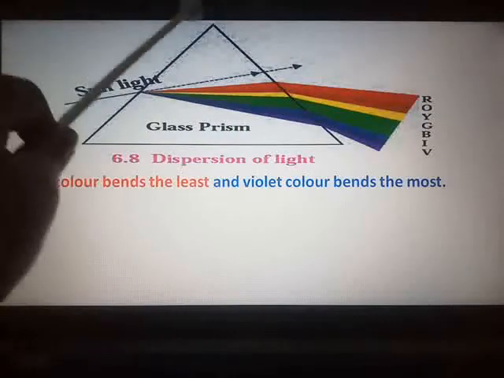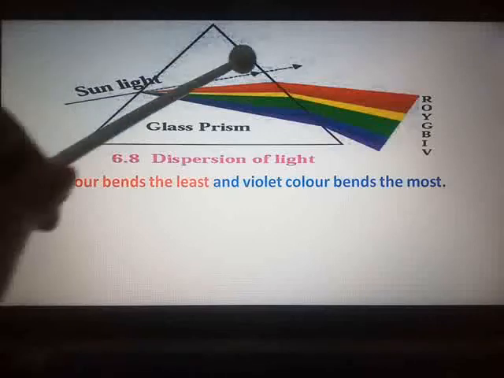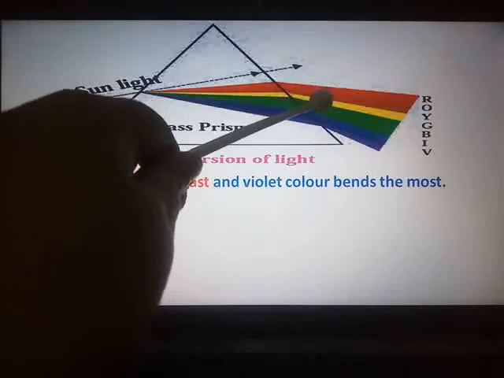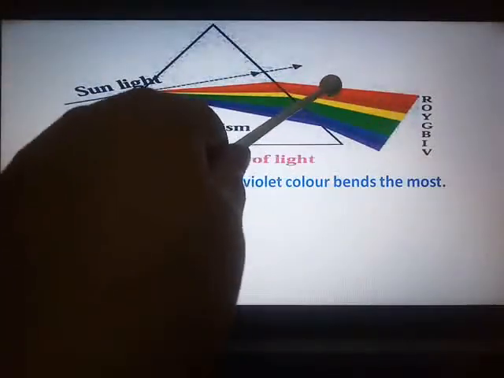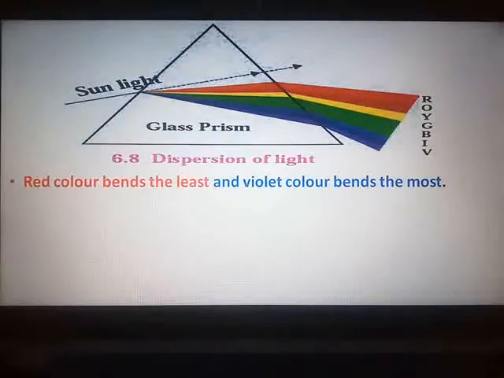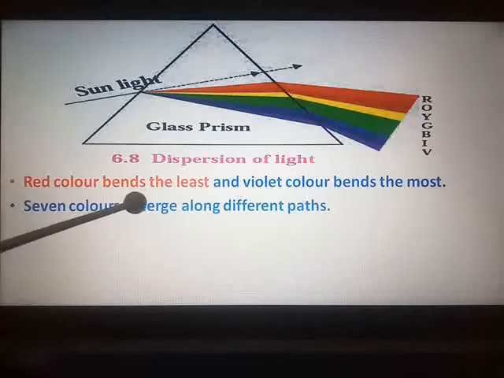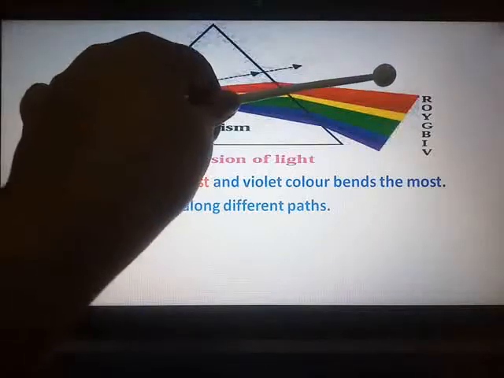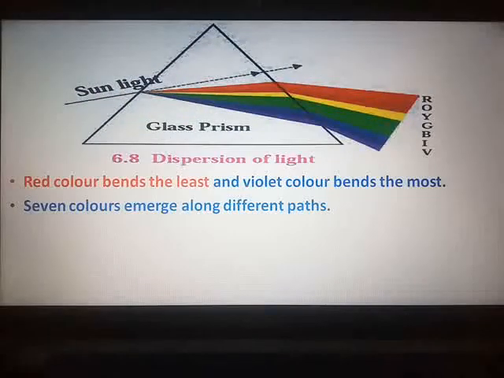Thus you can see in this figure, all the 7 colors emerge along different paths. This is the path for red color, then orange, then yellow, then green, and get separated. So 7 colors emerge along different paths, get separated, and hence we get a spectrum of 7 colors or a 7 colored rainbow.